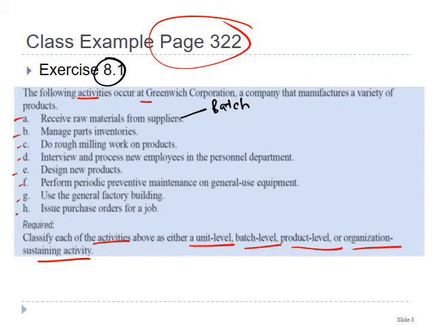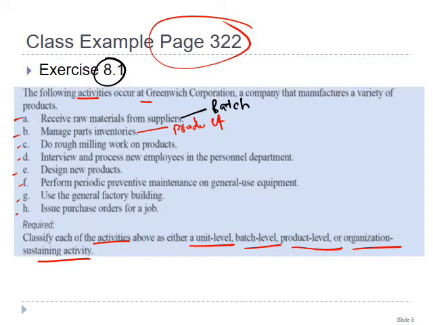So batch level activity is the best answer. Number B is manage parts inventories, which belongs to product level. You are managing the parts inventories, so that belongs to product level activities.